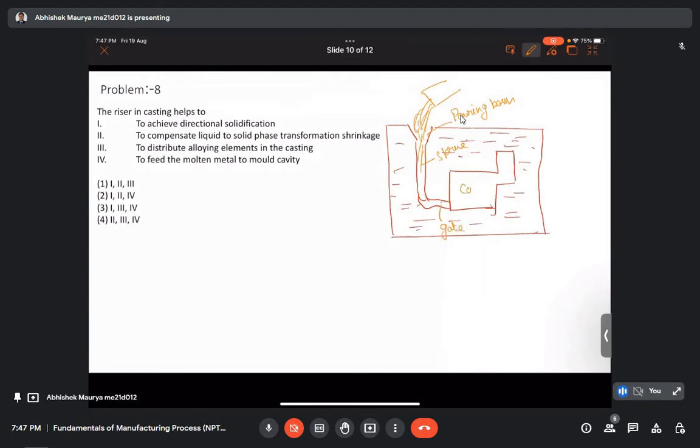This is the cavity, and this is the riser. When we pour the molten metal inside the cavity, there are certain things we keep in mind. The first thing is that the whole cavity should get filled. So we should pour a sufficient amount of molten metal to fill the cavity.